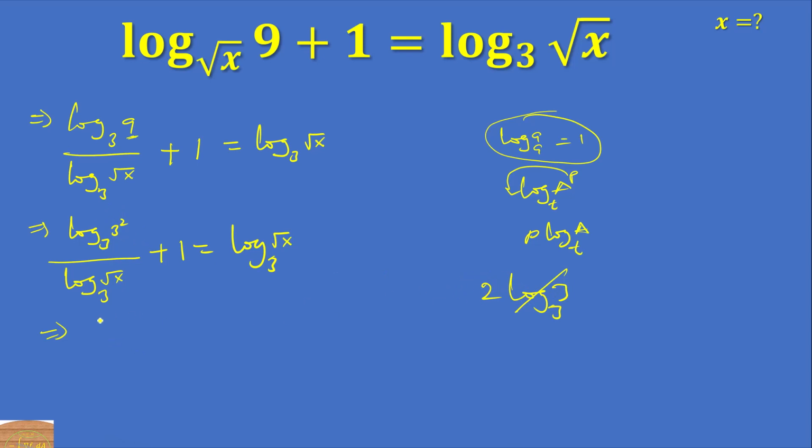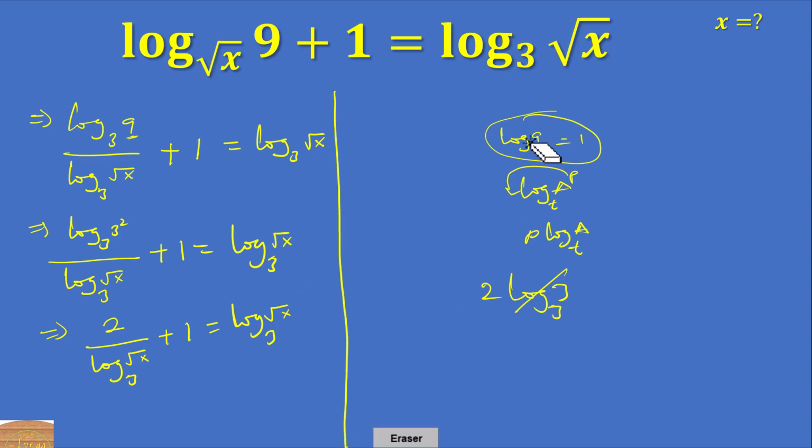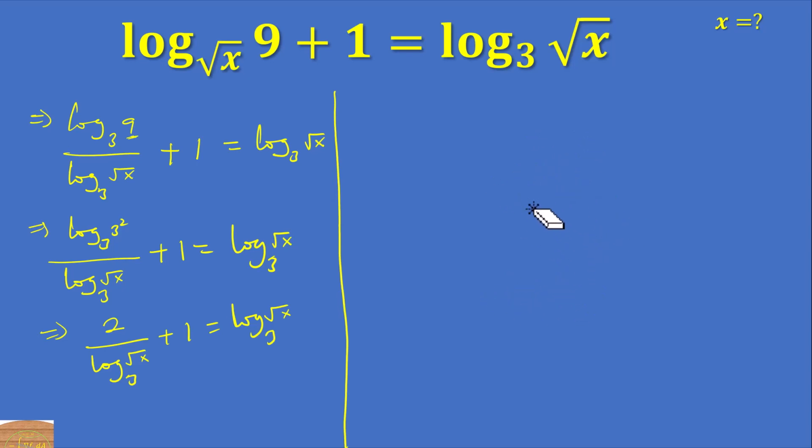So we have 2 over log root x to base 3 plus 1 equals to log root x to base 3. All right. So let's see what we can do here. So we have log root x to base 3 in common.